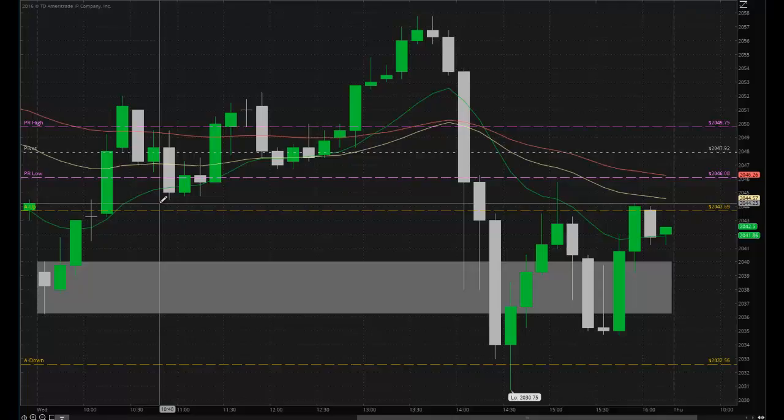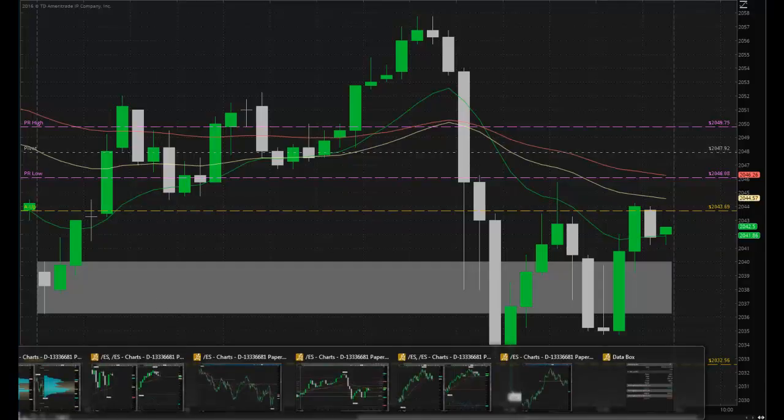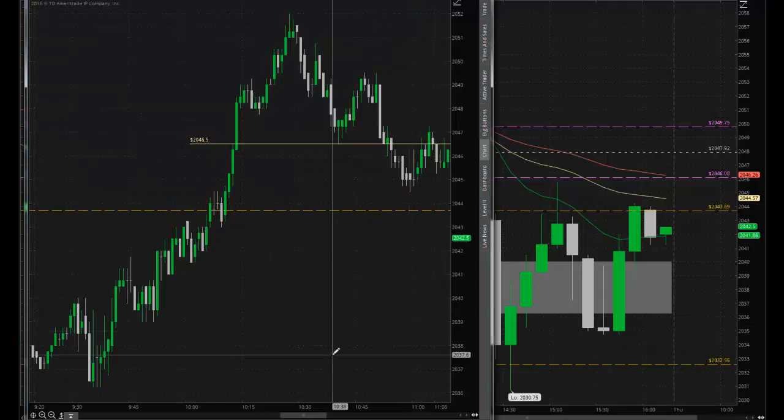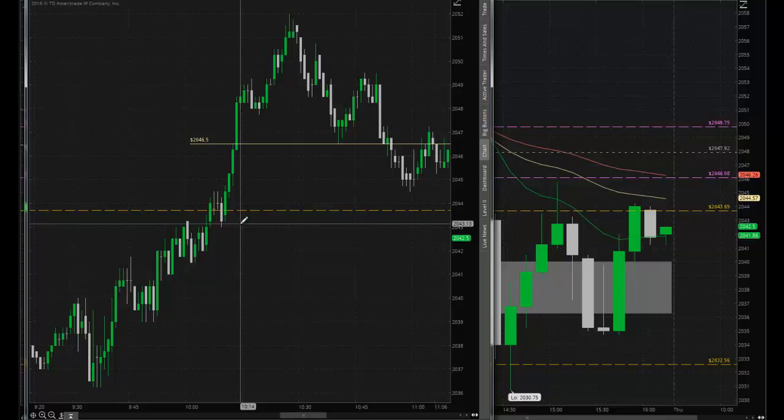Let me bring up my 1-minute chart here and show you. Here is the A point. The A point is very subjective as to when it's confirmed, because of who's looking at it. This bar you could count as 1, 2, 3, 4, and 5, and say that it's confirmed.